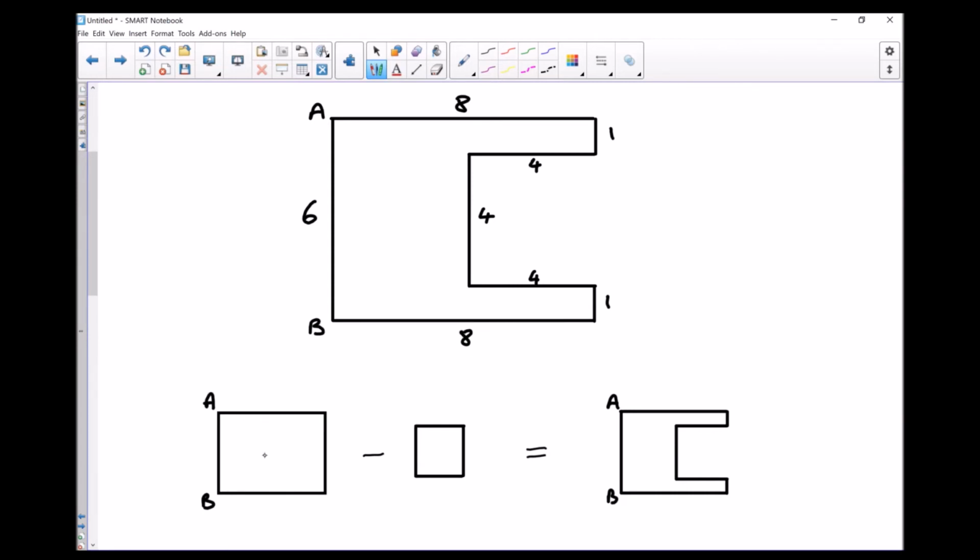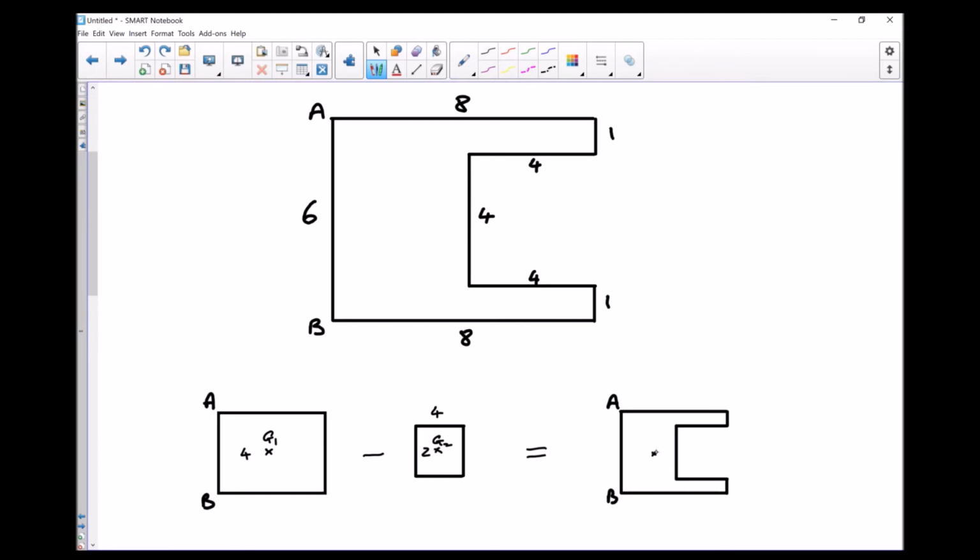The center of mass of the rectangle will be at G1, where the distance from G1 to AB is 4. The center of mass of the square will be 2 in from the edge, and we'll call it G2.